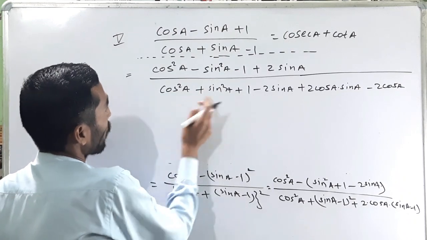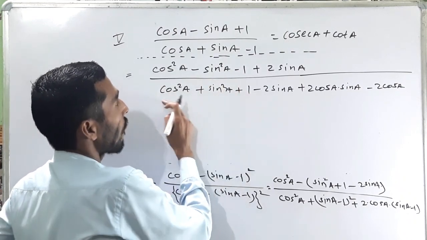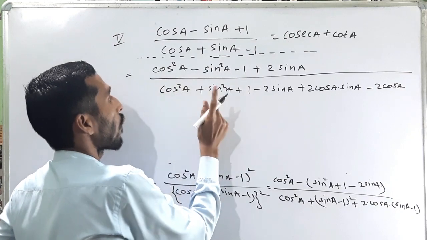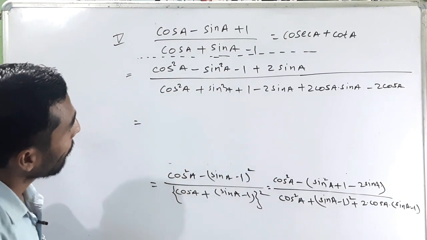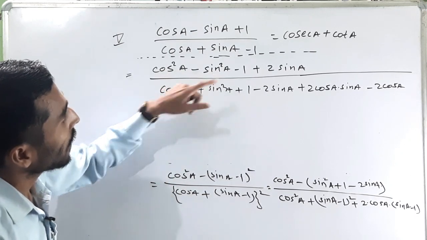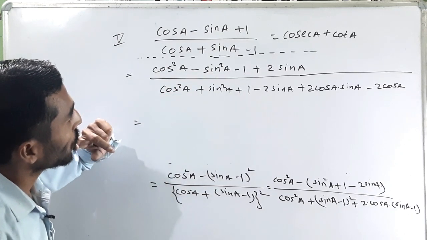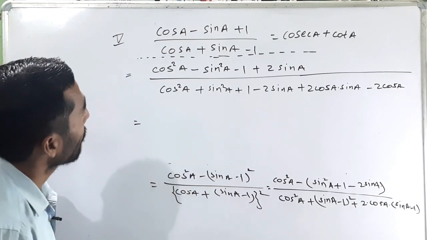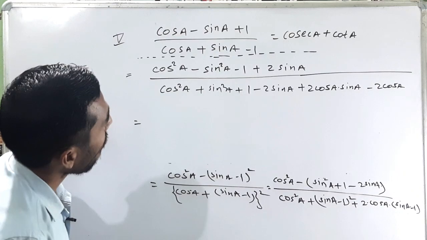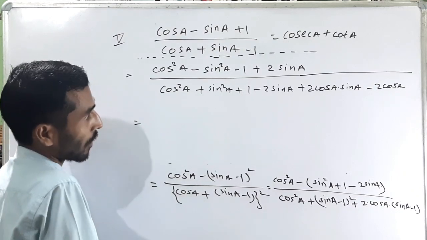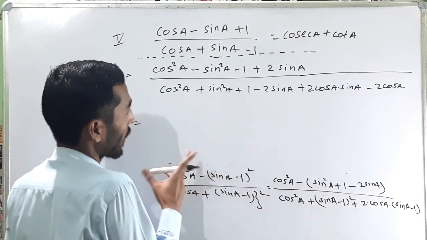Okay, so what will happen now? This will become 1, and what can be done here? Cos square, sin square, so simply we can change minus sin square minus 1 plus 2 sin a.